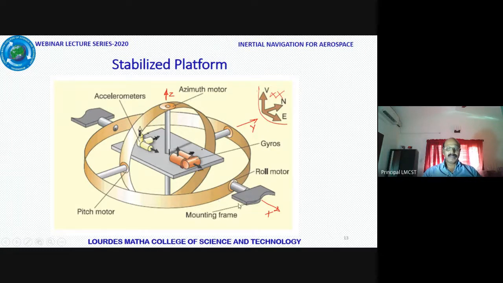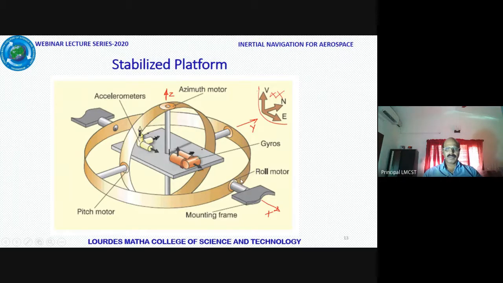Now if you look carefully, earlier in one of the classes we were talking about the angular motion simulator having an outer gimbal, middle gimbal, and inner gimbal. This is exactly the same.